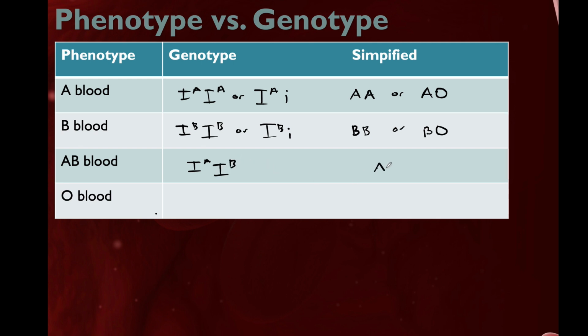To simplify it, one parent donated an A, one parent donated a B. And for O-blooded individuals, lowercase ii, which means each parent donated an O.